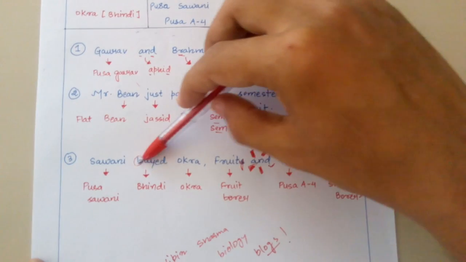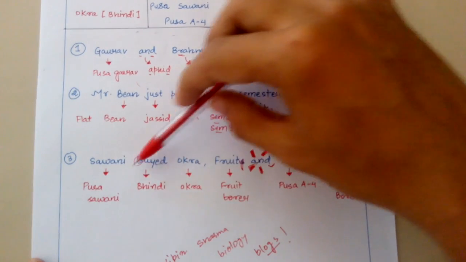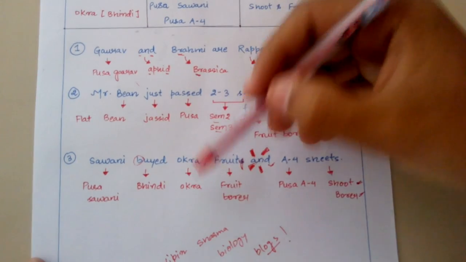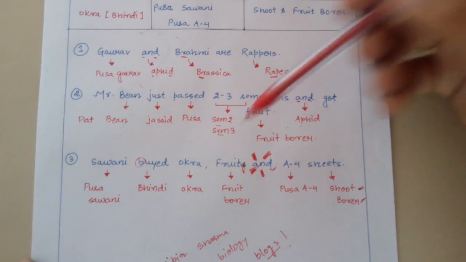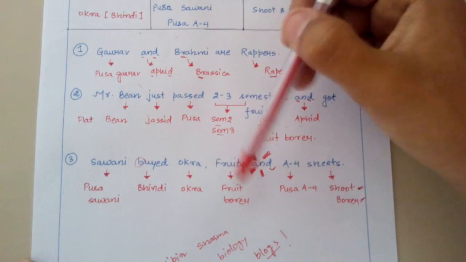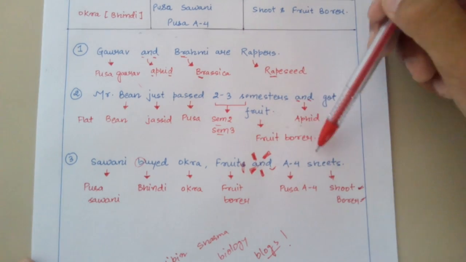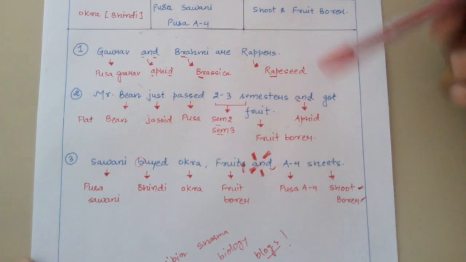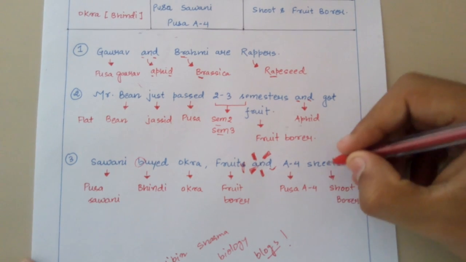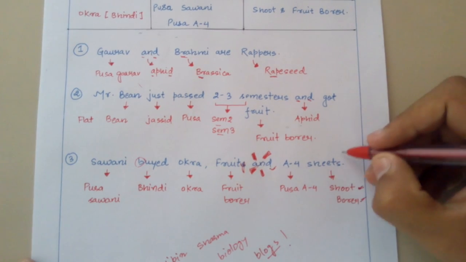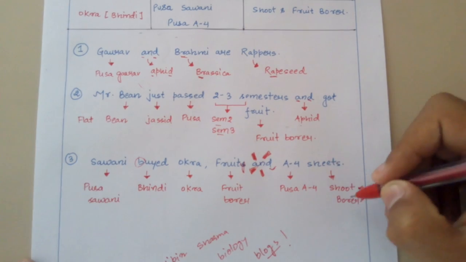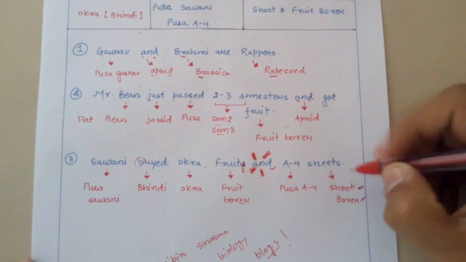Pusa Savani, "bide", which includes B and D, simply means bhindi. Okra simply means okra itself. So she has got three things: okra to eat, that is bhindi; fruity to drink, fruity simply means fruit borer; and A4 size sheets, that is Pusa A4. And in sheets, when we remove E and put O, it forms shoot.